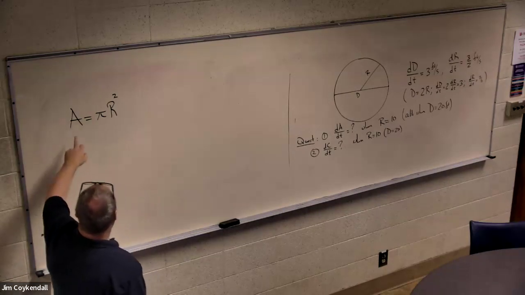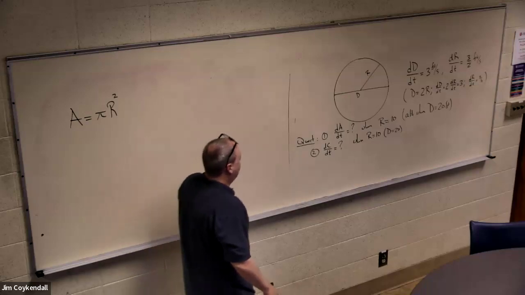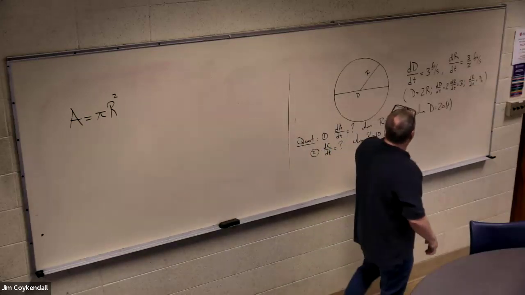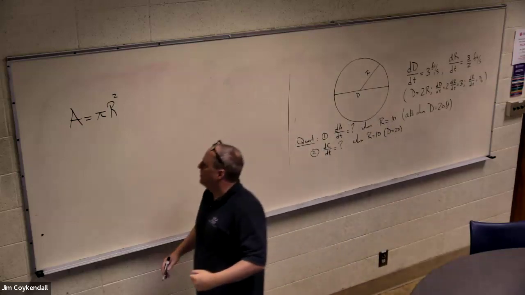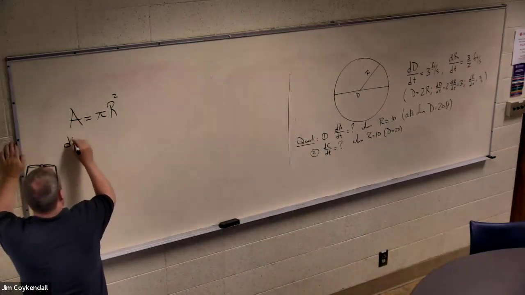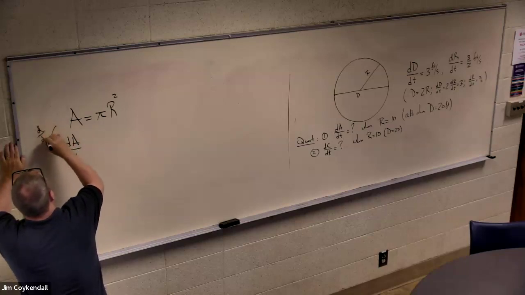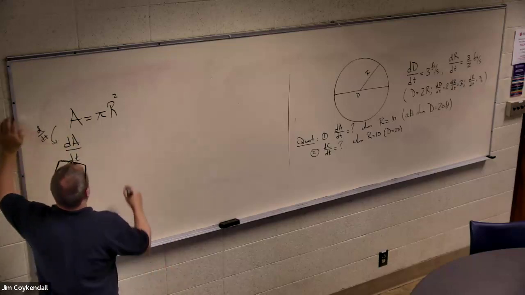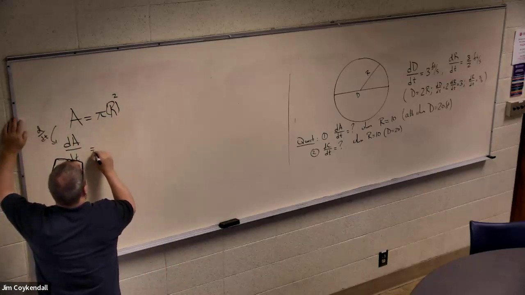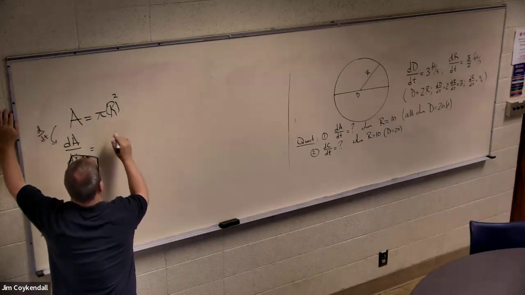Okay, so let's check this out. This is what's called related rates. You want to find the dA/dt and you've got the dr/dt, so you need an equation that relates them. So take the derivative with respect to t. Treat these both like functions of t. This is the dA/dt. Don't forget the chain rule.